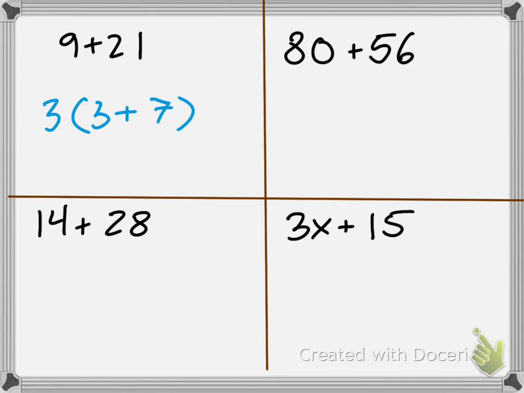Excellent. That would be its factored form. If I were to distribute it, just like we saw, 3 times 3 is 9. 3 times 7 is 21. Hey, we got back to the exact same thing. So all we do is we put the greatest common factor on the outside, and what we divided by is remaining on the inside.